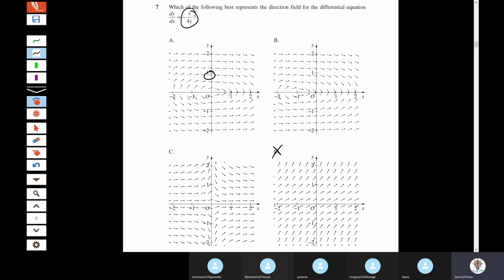At x equals 0, it should be a little bit more flat, whereas this is saying it's going to become a vertical asymptote, which means it's wrong. Whereas C is saying it's going to become a vertical asymptote. Can you see how it's approaching like that? Yes.